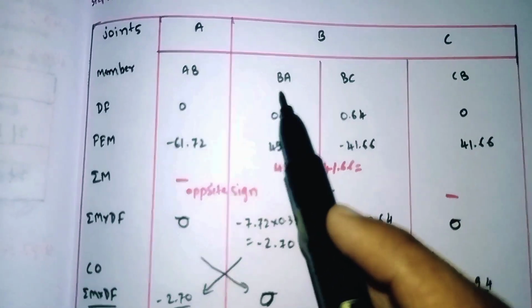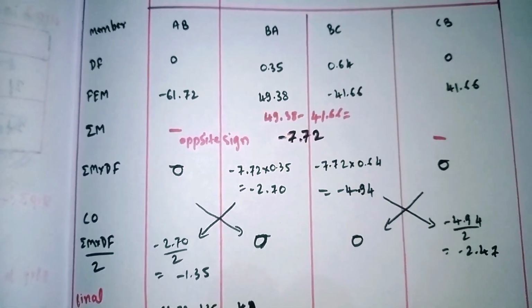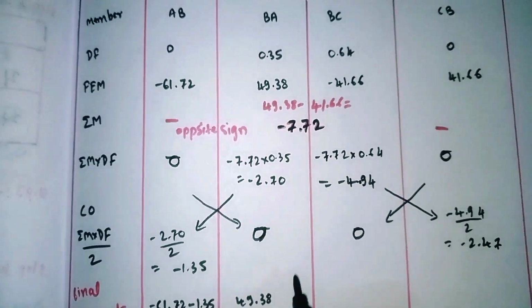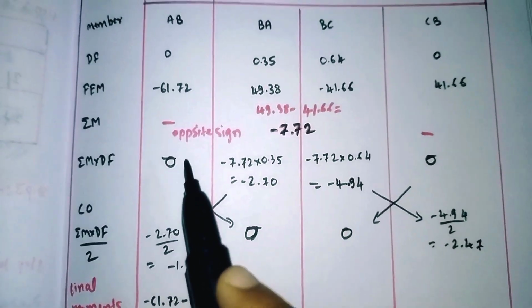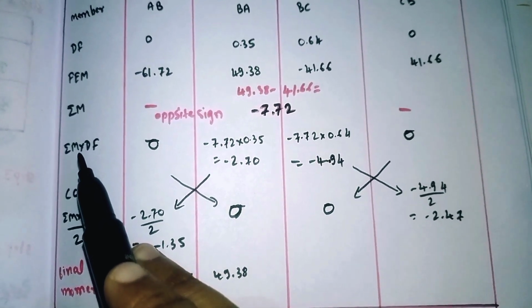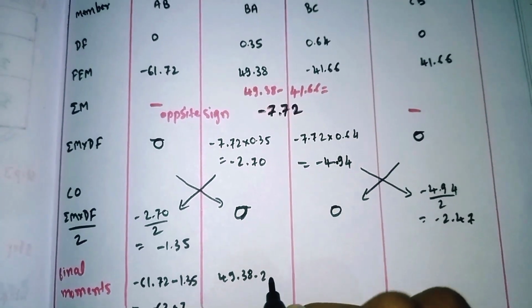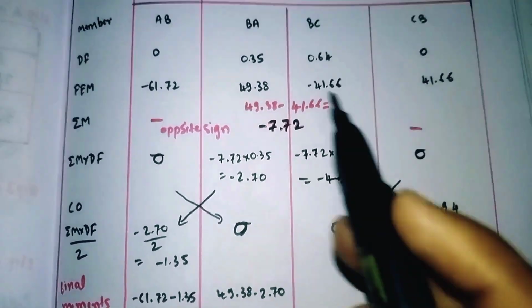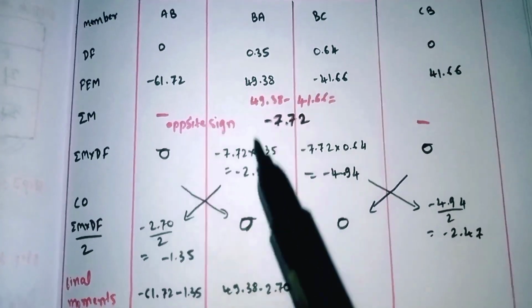And for BA, the value is 49.38, and our summation of M into DF value here is minus 2.70. Except DF and summation of M, you should add all the values.